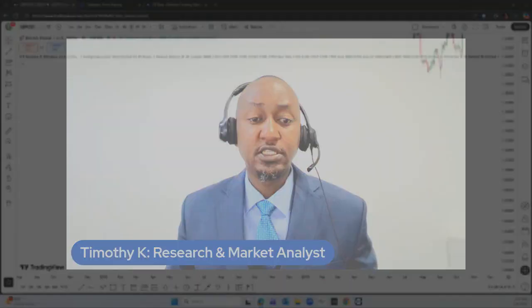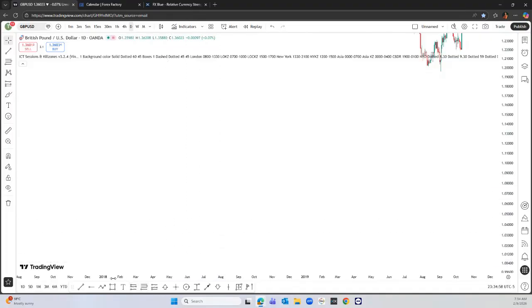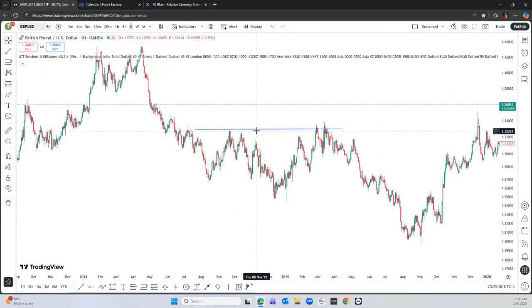I'll just illustrate this from the chart. Most traders are taught to draw lines like this in areas of support and resistance.